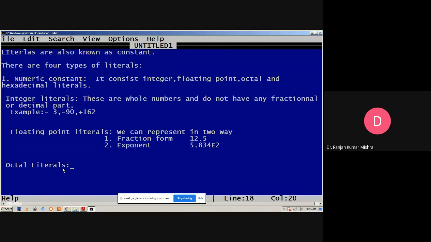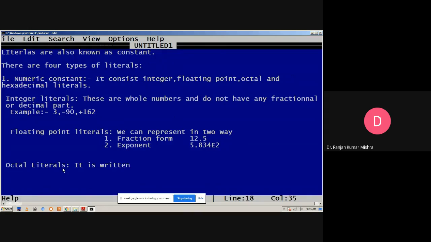Octal literals are basically integer numbers having digits 0 to 7. An octal literal is written by preceding the value with 0.